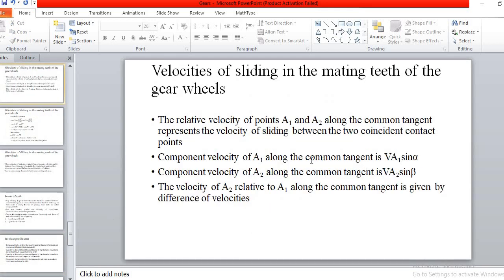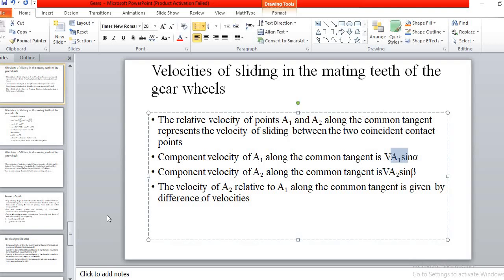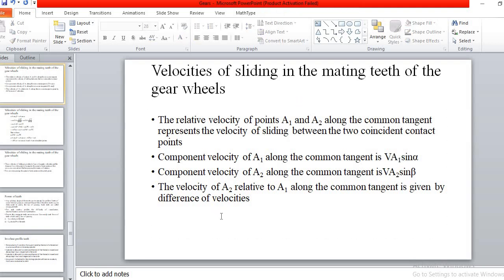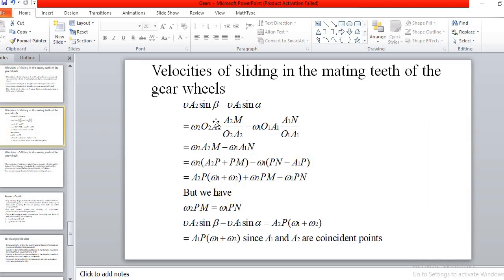So the components along the common tangent are VA1 sin alpha and VA2 sin beta, and the difference between these two represents the velocity of sliding in the mating teeth. So VA2 sin beta minus VA1 sin alpha is the velocity of sliding in the mating teeth of the gear wheel.